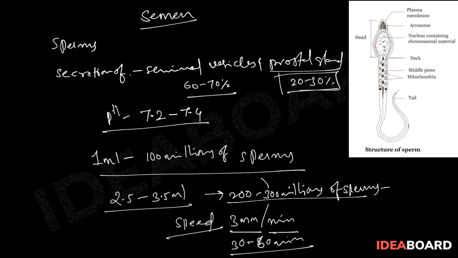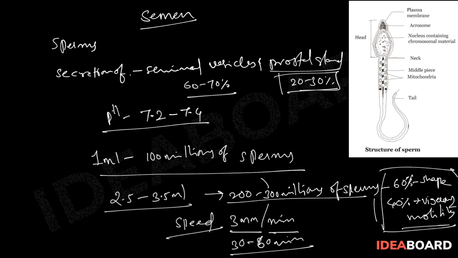Among these, at least 60% of the sperm should have normal shape and 40% of sperm should show vigorous motility. When 60% of sperms have normal shape and at least 40% show vigorous motility, then only there is a chance of fertilization, or else it leads to sterility.